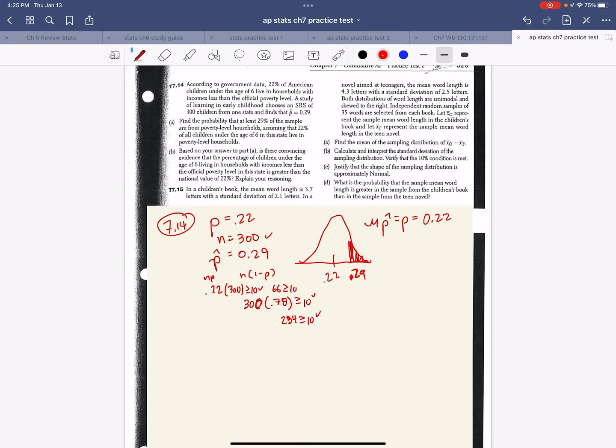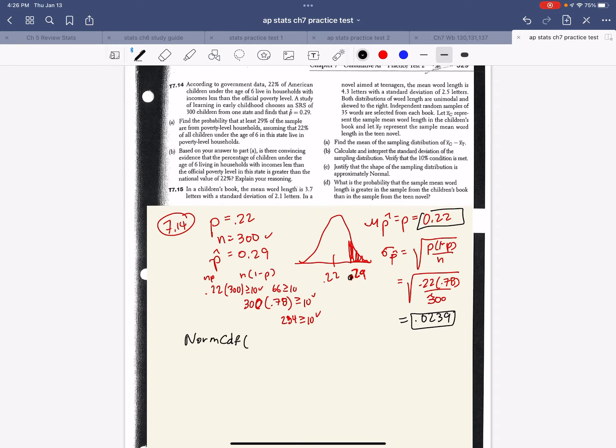So that means that our sigma p hat would be the square root of p times 1 minus p over n. So 0.22 times 0.78 divided by, my sample size is 300. So we get these two numbers, our mean and our standard deviation. So we can do a norm CDF calculation.